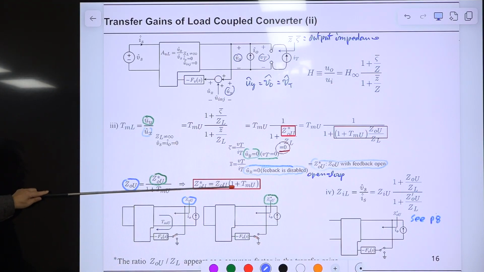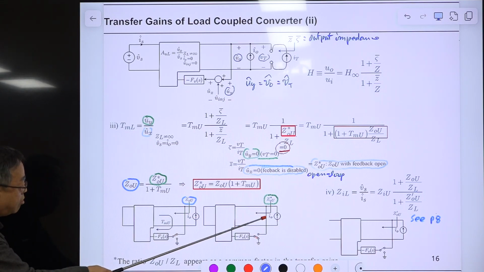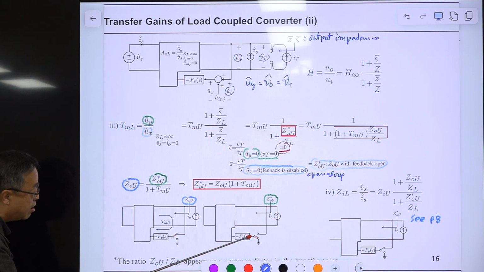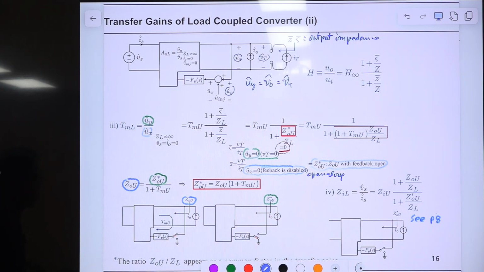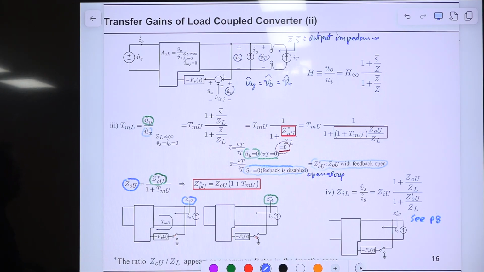That is this one. So this is the converter, this is the uncoupled converter, and this is the uncoupled converter where this feedback loop is closed. This is a regular output impedance, and this is the output impedance of the uncoupled converter with the feedback loop open. So this is GOU star and GOU, and the relationship between them is obvious.